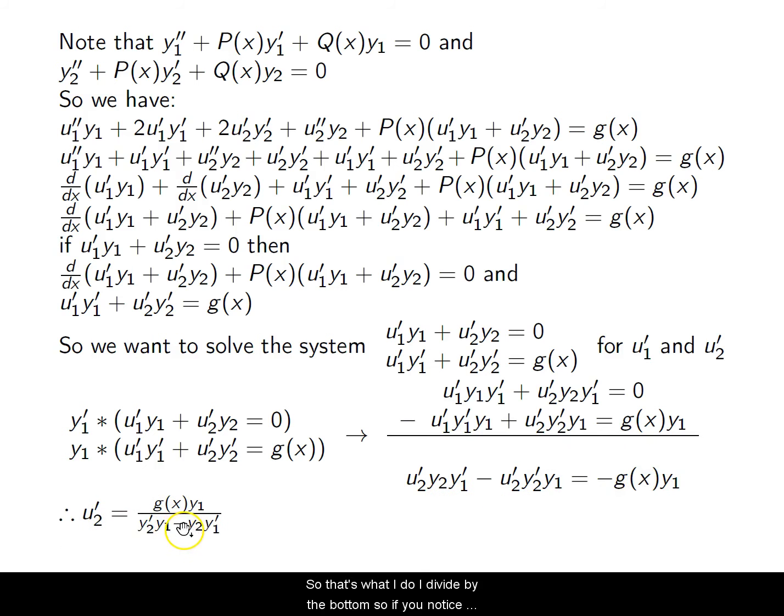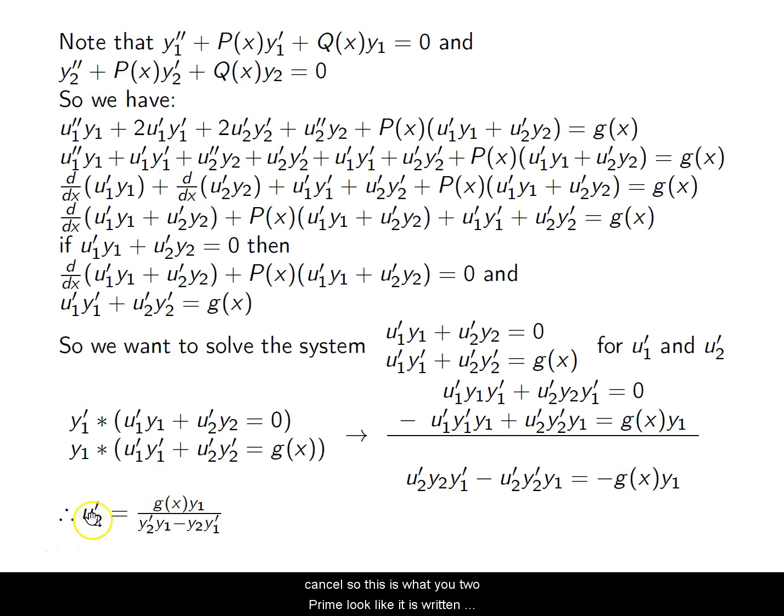Okay, so that's what I do. I divide by this bottom. So if you notice, the y2 y1 prime is on this side because I'm just switching the order. If I switch the order, I can take the negative and I can get those two negative signs to cancel out and keep this negative in the middle. So that's really all I did, was just move stuff around so I can factor out a negative sign and get those negatives to cancel.